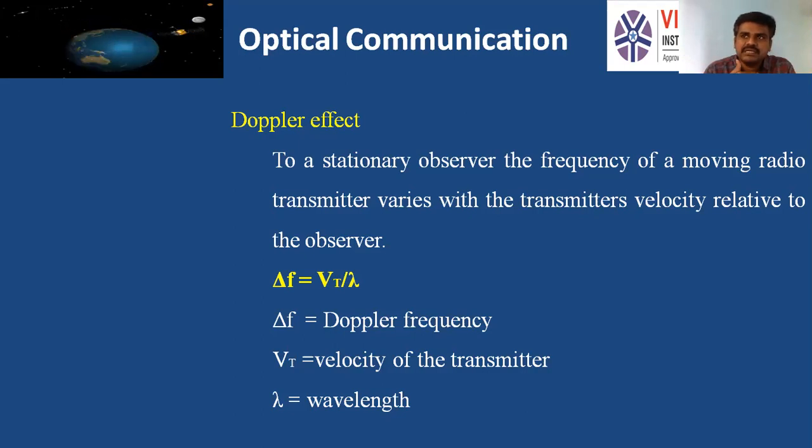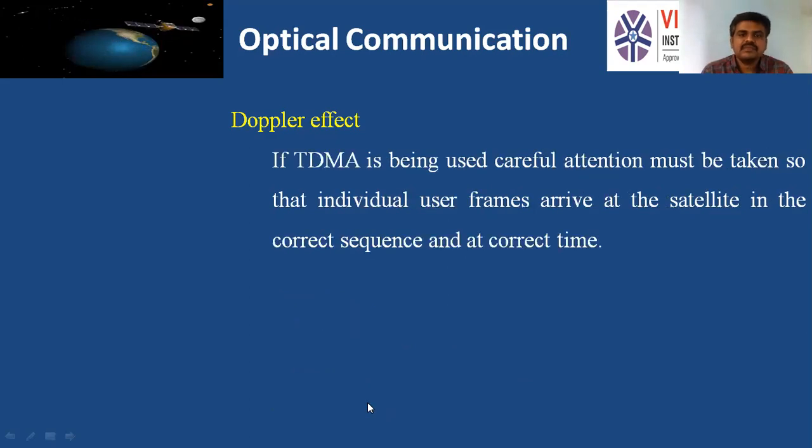With respect to the observer, the frequency is varying. This is called the Doppler effect. This change in frequency, delta F, is given as Vt by lambda, where Vt is the velocity of the transmitter, nothing but the velocity of the satellite, and lambda means wavelength.